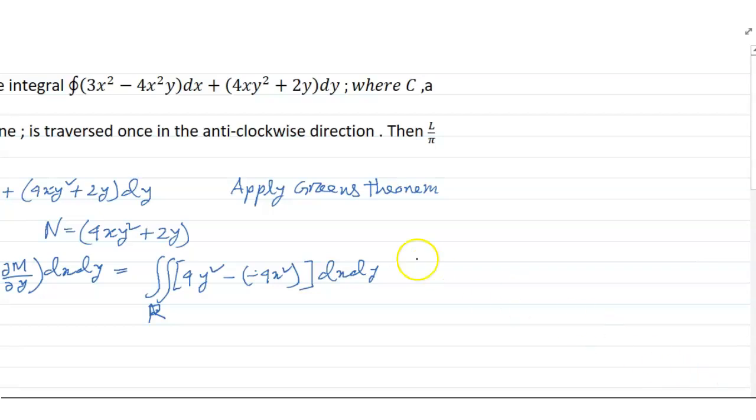It is written this way: double integral over R of 4(x² plus y²) dx dy.